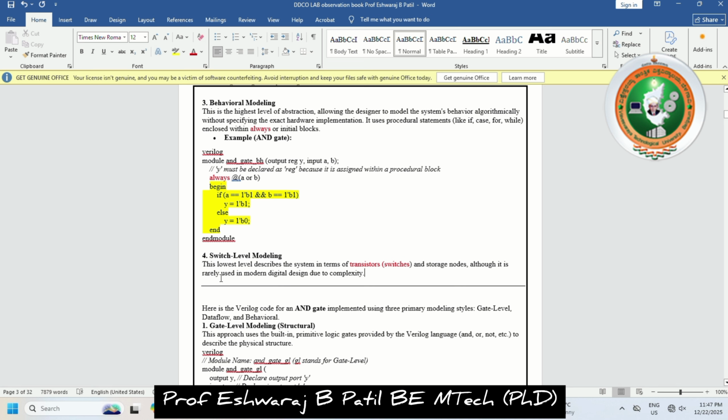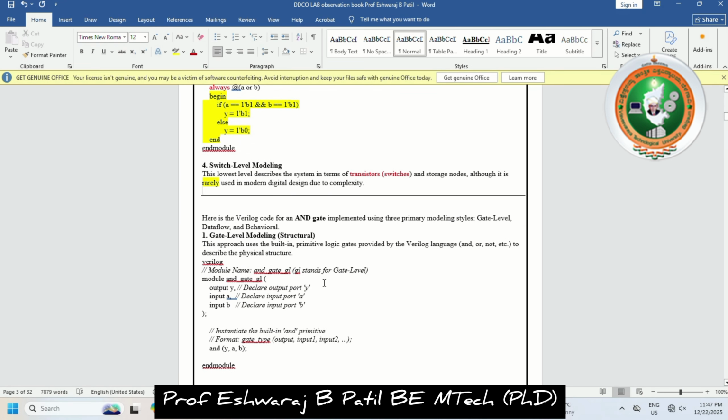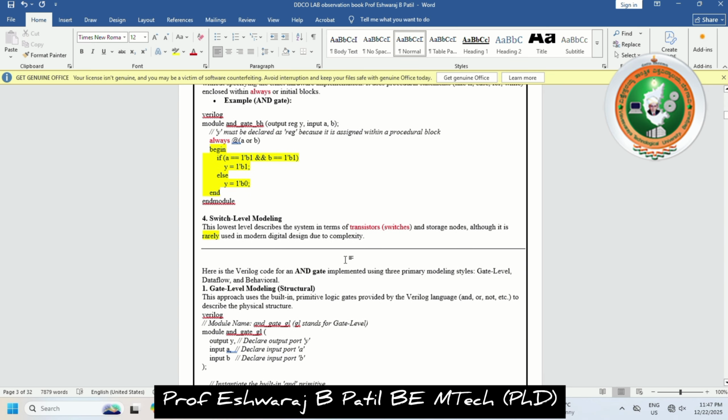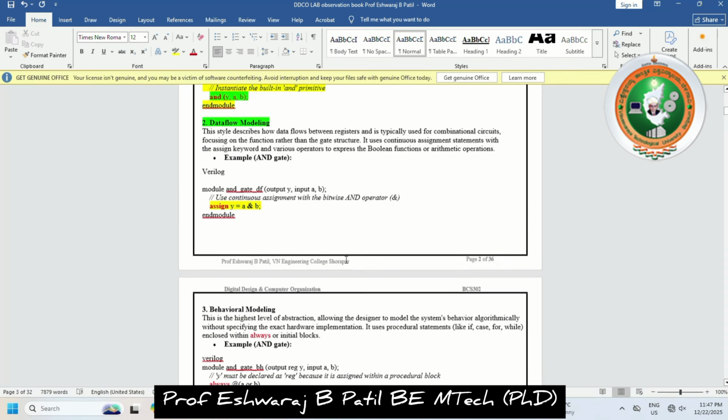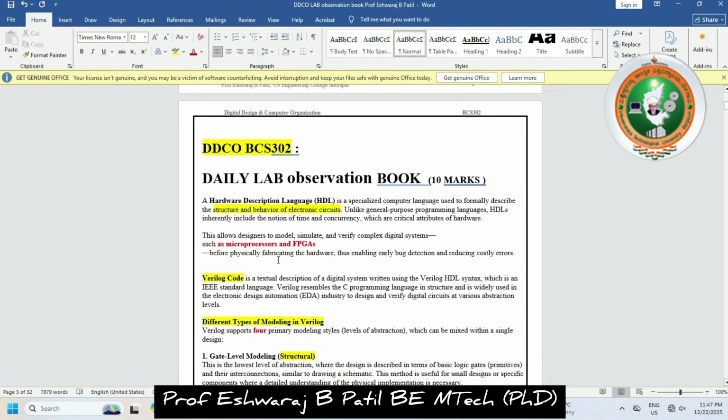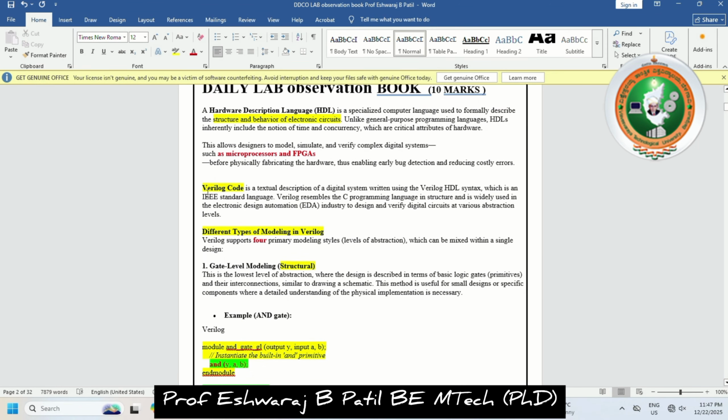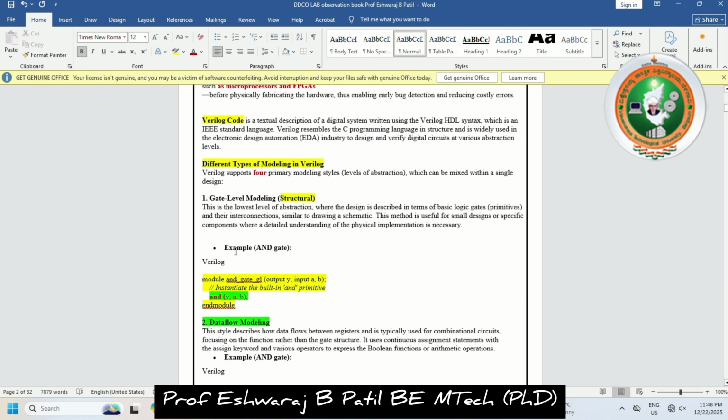That's why we will not use this kind of modeling. Sometimes, if it is a smaller design, we can use it, but nowadays the digital designs are complex, and if you use switch level modeling you will definitely get complexity.